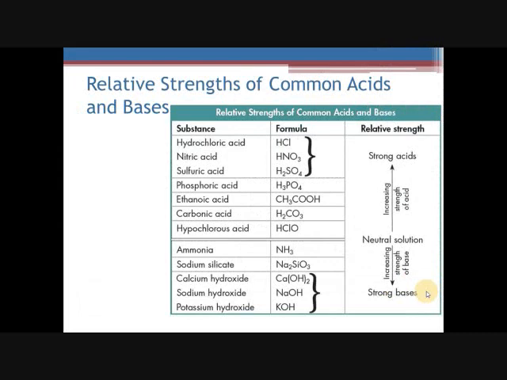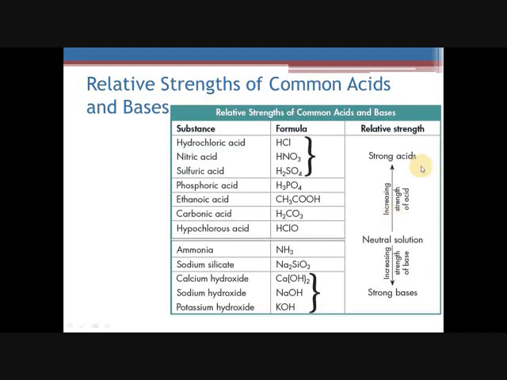This is showing us the relative strength of the different common acids and bases that we have. Notice the neutral is not necessarily halfway, but the neutral is in the middle, and on the top are the acids, and the bottom are the bases. The farther away you get from neutral, the more you increase the strength of the acid or the base.